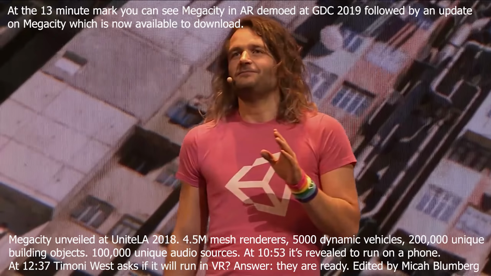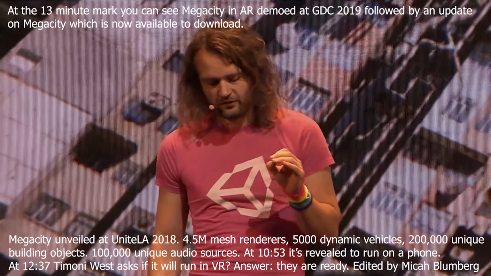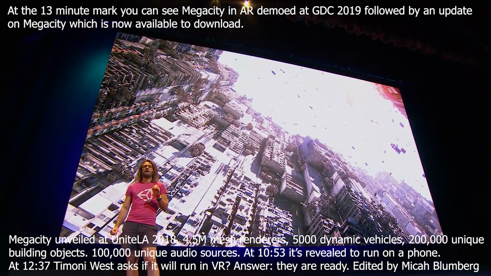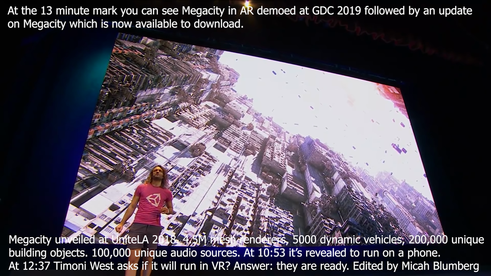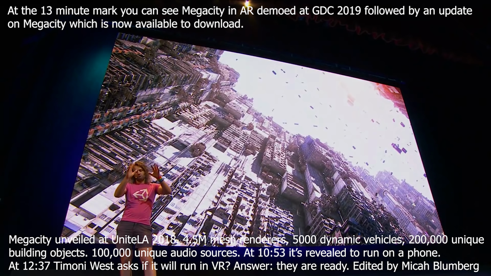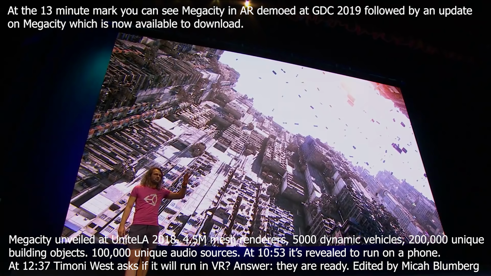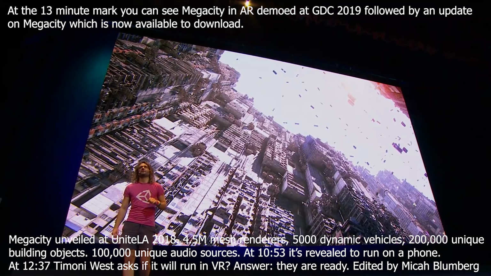So what we did is we have a culling system that is written in C# using Burst, and we perform hierarchical culling and hierarchical LODs. So when a building is outside the view, there's no reason why we should cull those 200,000 separate renderers. We can just reject them very, very quickly.